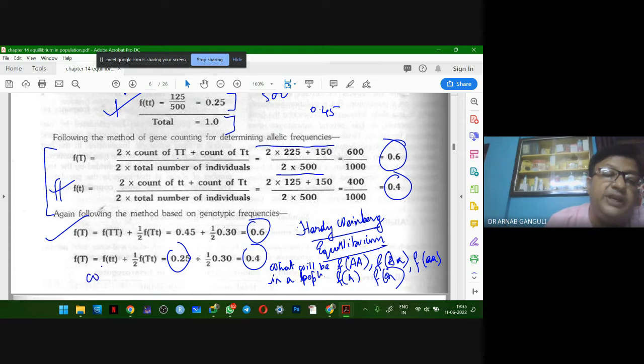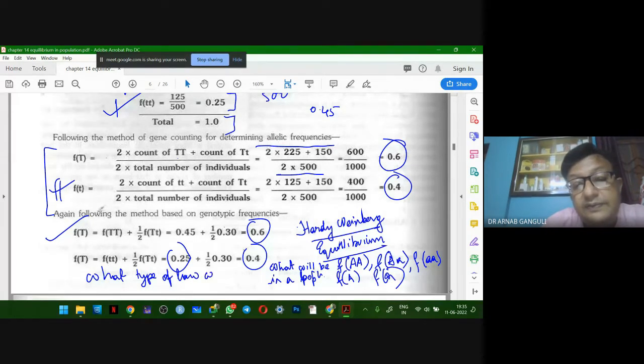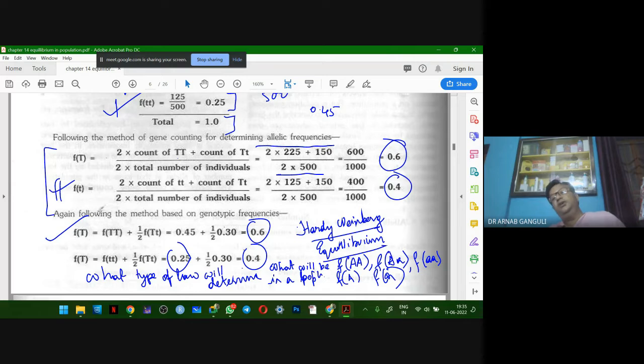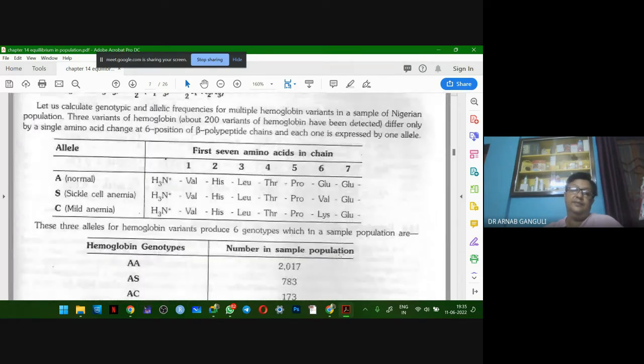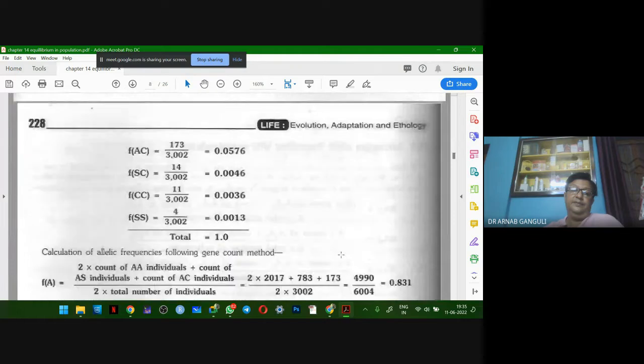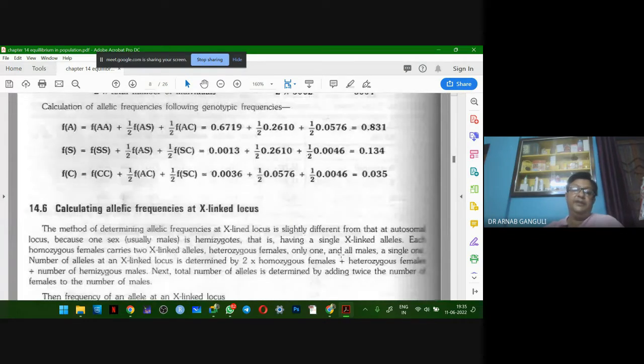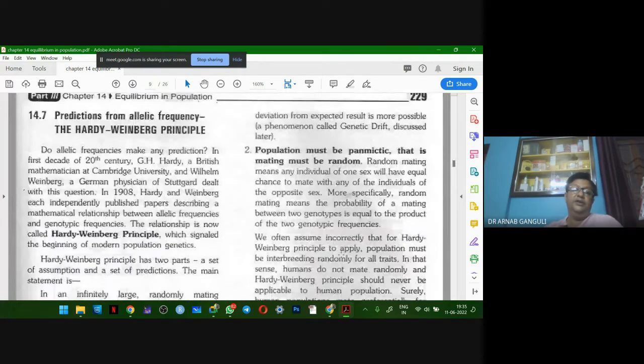What type of law will determine this particular frequency? What type of law will be present? So these are other sums which I've given. You don't have to study all these things.